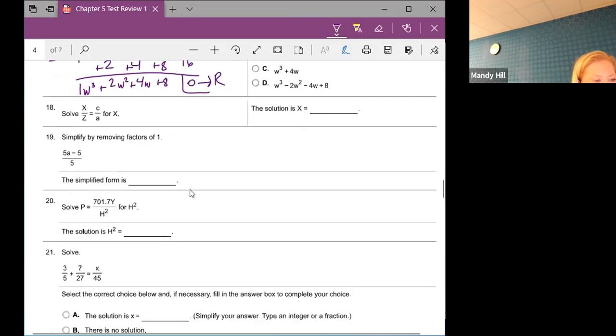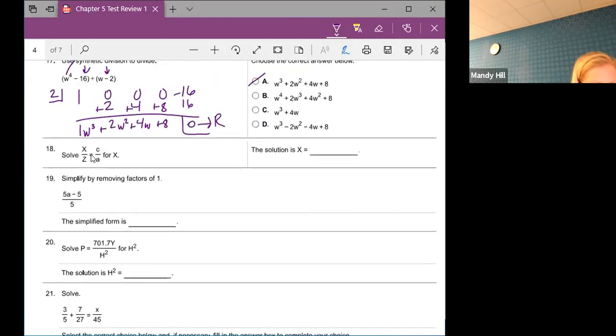Number 18. Solve x over z equals c over a for x. So on this one, they just want x by itself. All right, they just want to figure out what x is. Well, there's only one thing that is attached to x, and it is this z right here, and it's being divided by z.